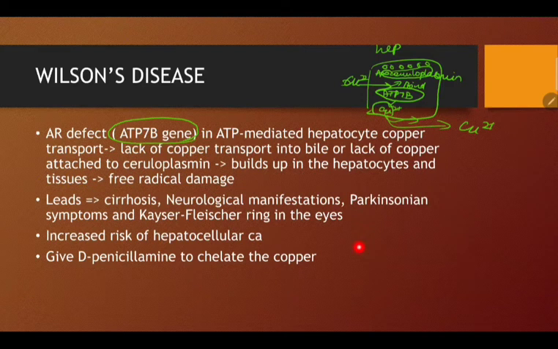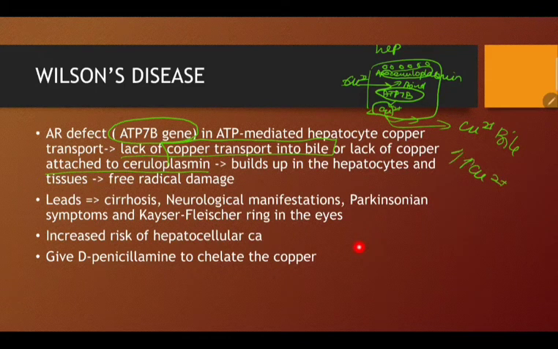and this is exocytosis. So when there's no ATP7B gene, there'll be a lack of copper transport into the bile, and a lack of copper attached to the ceruloplasmin. So now there's an increased buildup of copper, and that leads to two things.